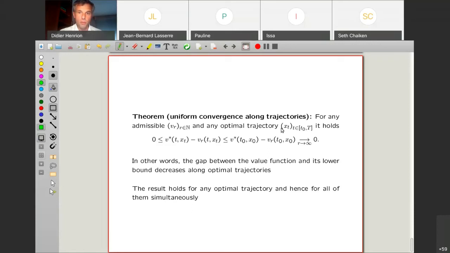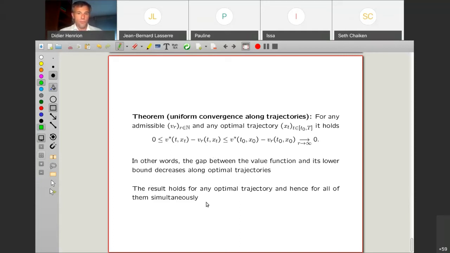So for any optimal trajectory, the difference between the value function and its approximation gets smaller than the initial difference. The gap between the value function and its lower bound decreases along optimal trajectories.